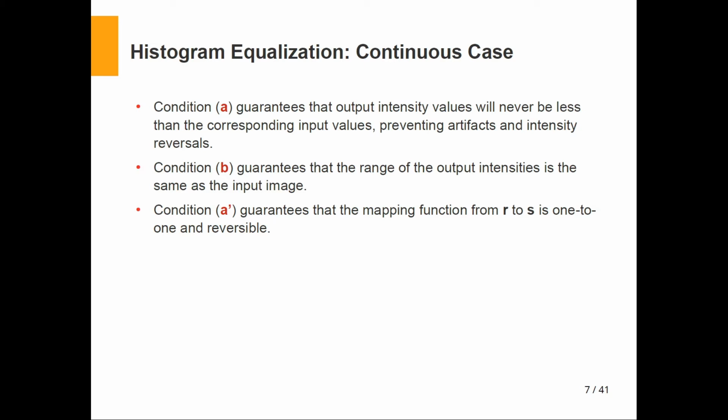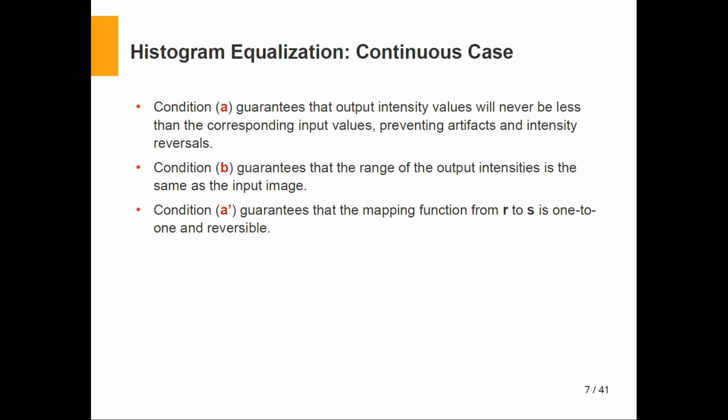If you remember from the previous lecture, when I was talking about arithmetic operations done on images, I mentioned that when we do some processing on an image, it is possible that the range of the intensities in the final image is different than the range of the intensities in the input image, and to remedy that we used either clipping or scaling. So having condition B basically guarantees that we don't have that problem anymore.